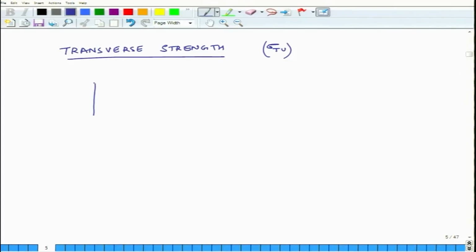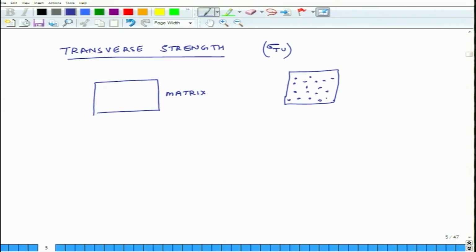So, if you have just a plain sample of material which is just matrix, and if you have another sample and it has lot of fibers, and if you are loading both of these in the tensile direction.